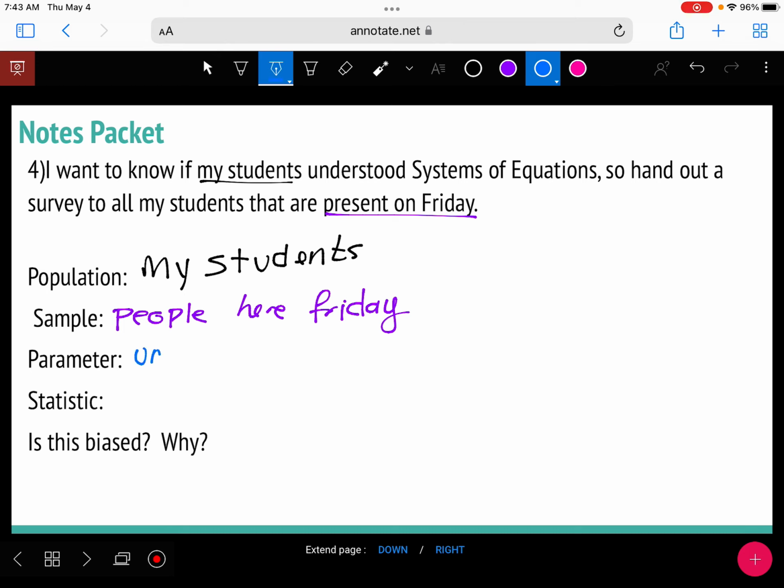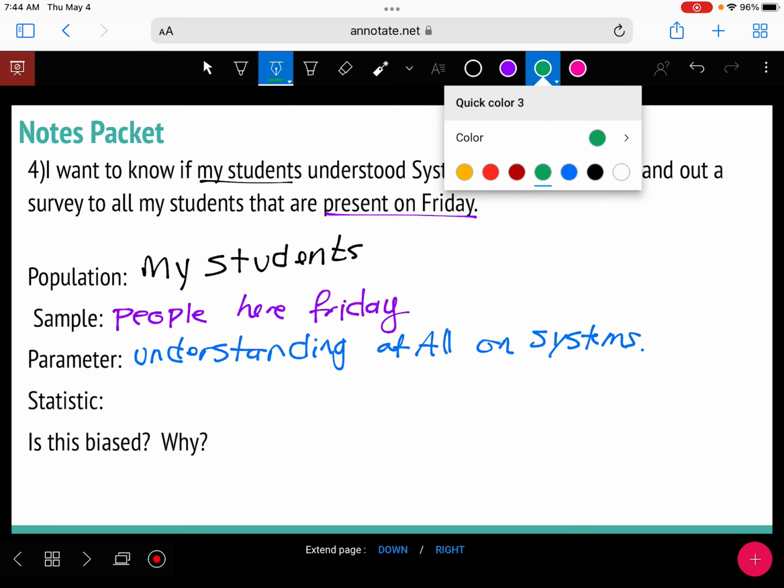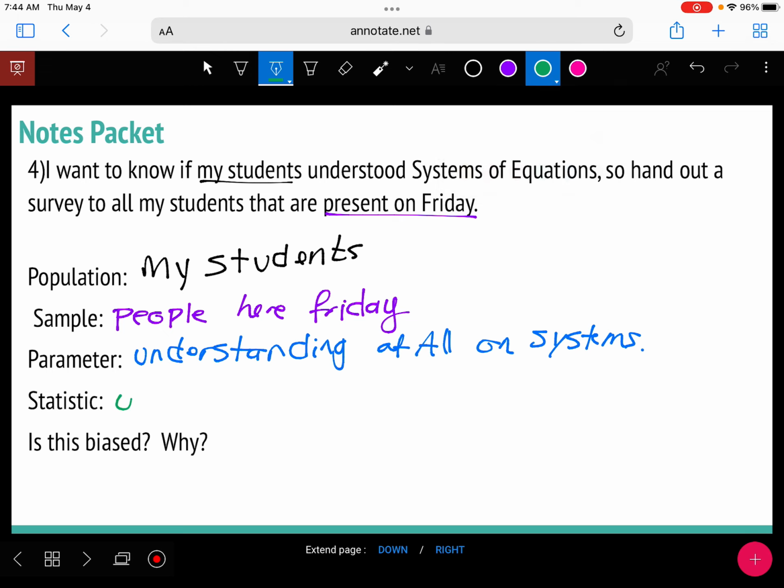Yeah, their understanding on systems. I'm just going to call it systems. What do I get? Yep. We get the understanding of the sample on systems.